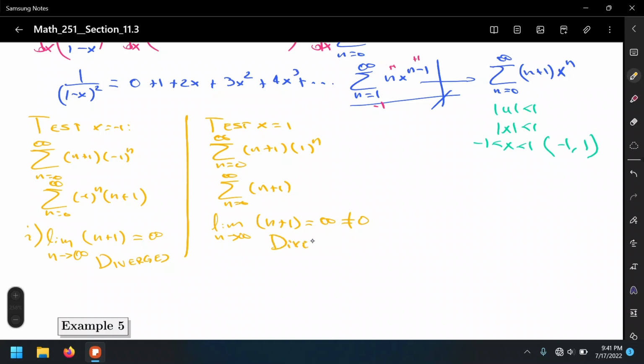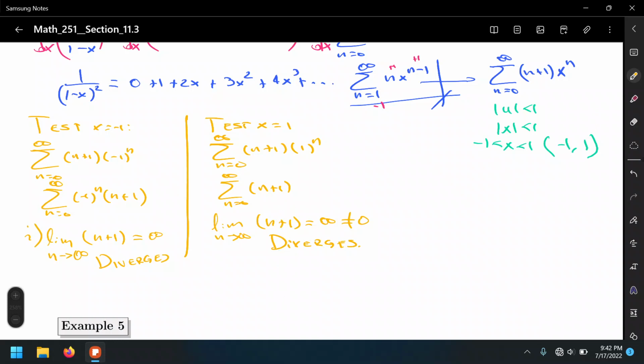Recall that this test only tells us about divergence. So it diverges. That's one more exercise, and it's also exclusive on the upper endpoint.